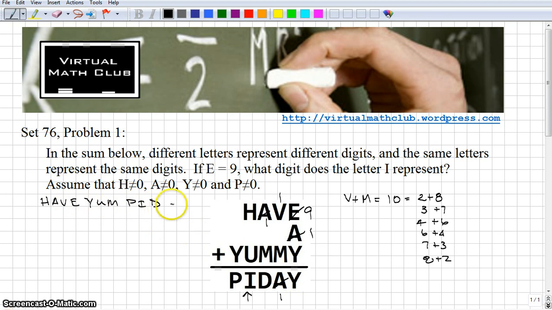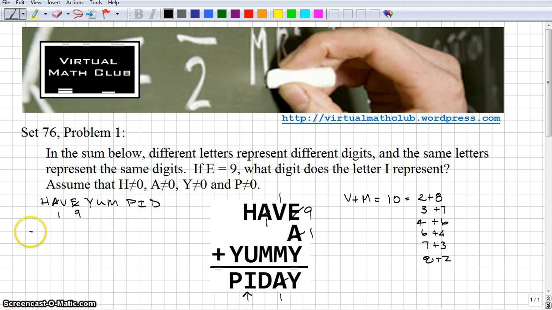So we're going to have to use every single digit available to us in the base 10 number system. And we already know that E has to be 9 and A has to be 1.